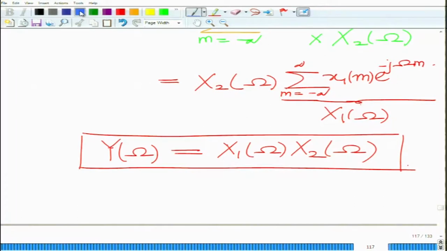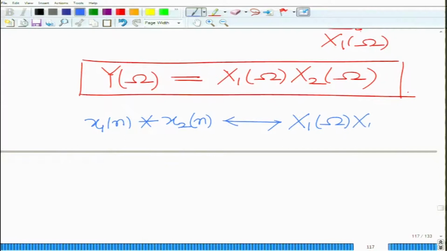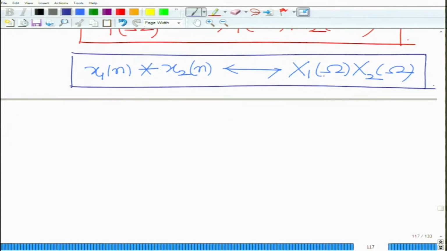So, the net result is that x1[n] convolved with x2[n] has the DTFT X1(omega) into X2(omega). So, convolution in time implies multiplication in frequency, similar to what we have seen several times before. Convolution of two discrete time aperiodic signals leads to a multiplication of their discrete time Fourier transforms.